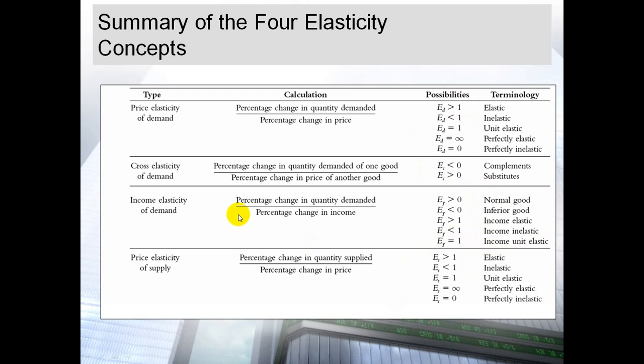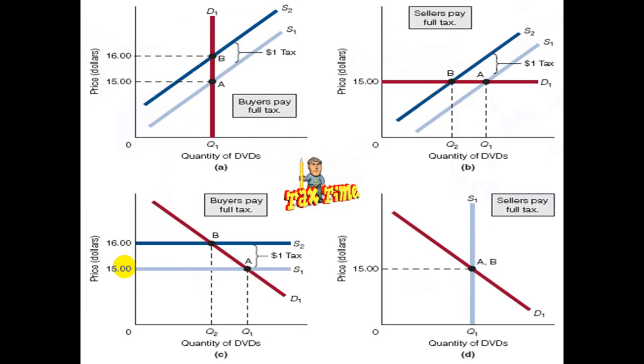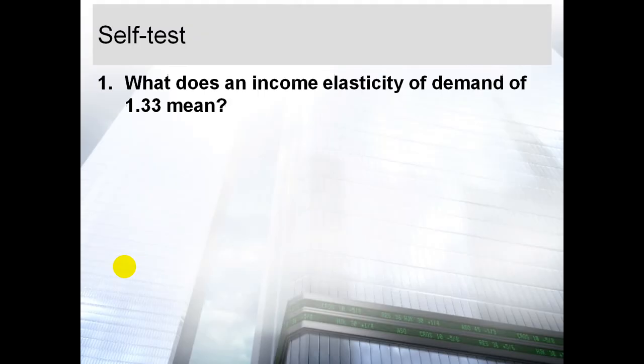So let's take an example for price elasticity of supply, and this is cancelled, taxes cancelled.